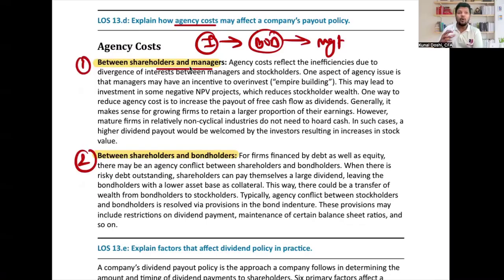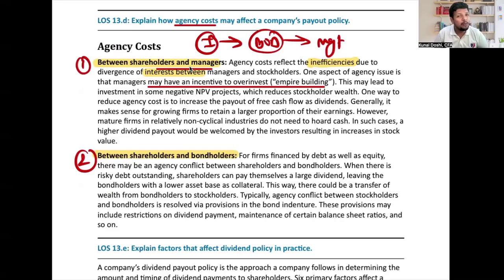Now here, what is the cost of that to the company? Understand this: it reflects inefficiencies due to divergence of interest between the managers and the stockholders. Stockholders are always diversified. They are not invested in only one company; they might be invested in many companies. So managers may have an incentive to over-invest. Why?